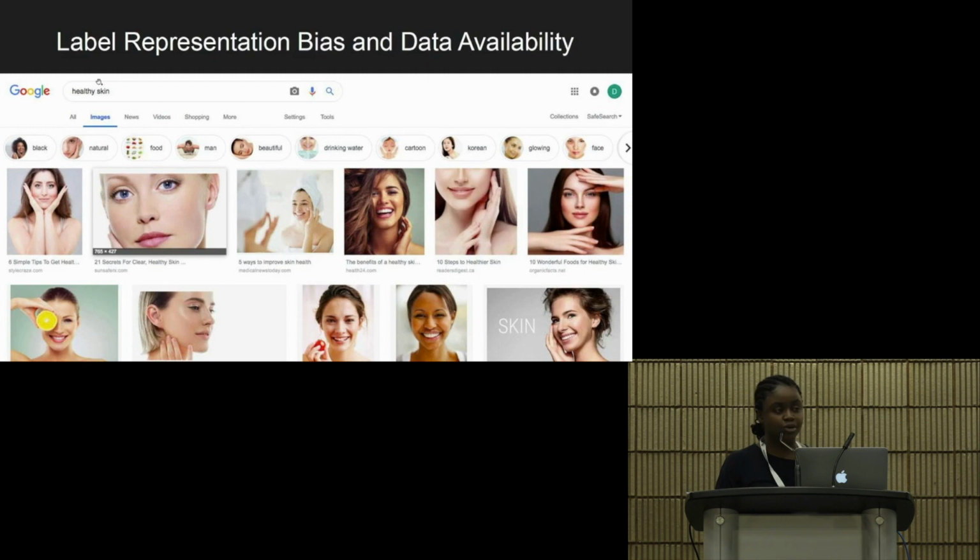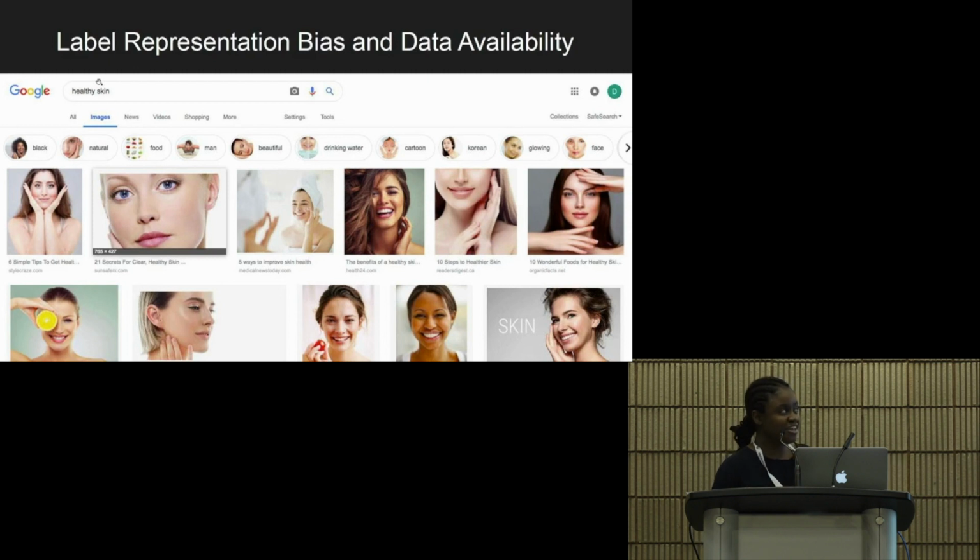So first, how do you identify these bugs? How do you identify when a model is discriminatory? I'm going to talk about the specific type of bias that Gender Shades was dealing with, which is label representation bias.